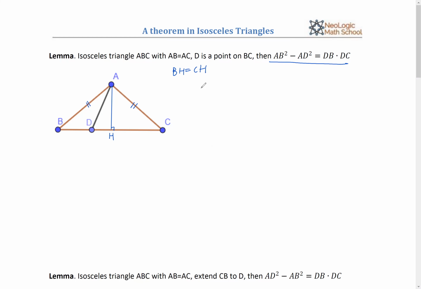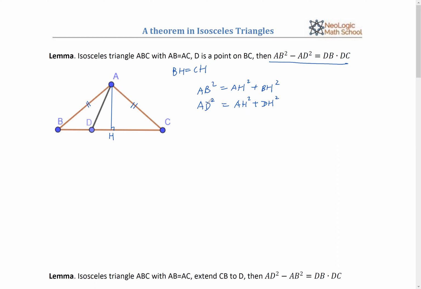Now, AB squared equals AH squared plus BH squared. AD squared equals AH squared plus DH squared, right? Pythagorean theorem, everybody knows.